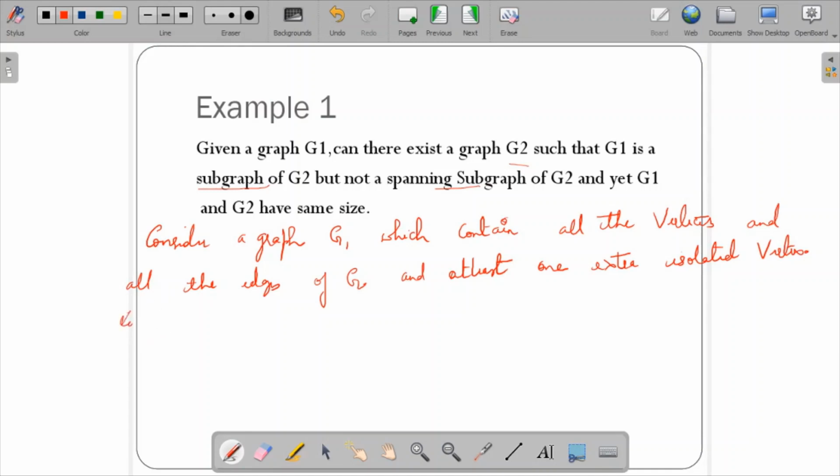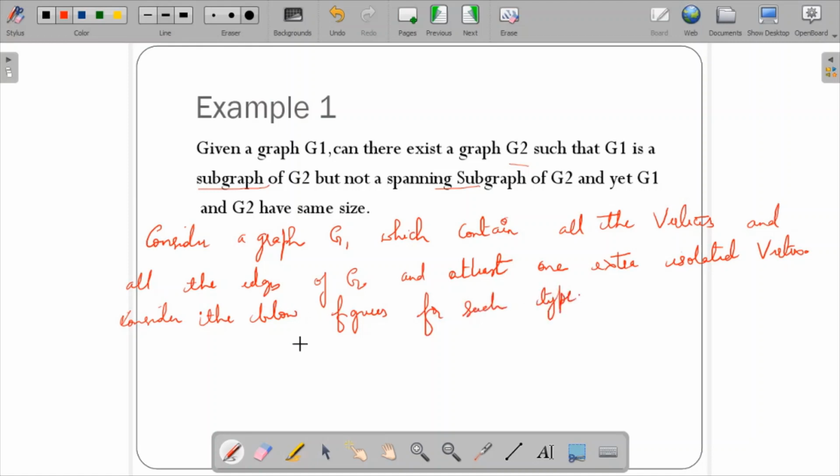So consider the below figures for such a type.